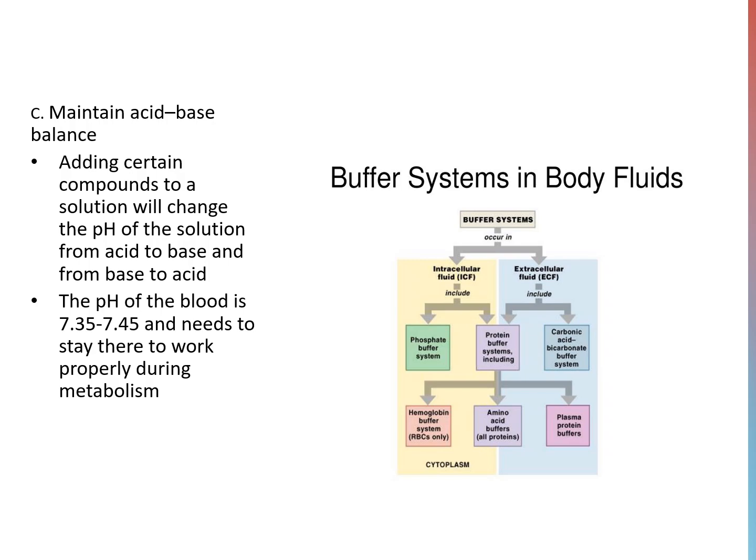So it's super important that we keep the pH in a proper range in each of those solution compartments so that the metabolic chemical processes that have to be done in each of those environments can be done appropriately.